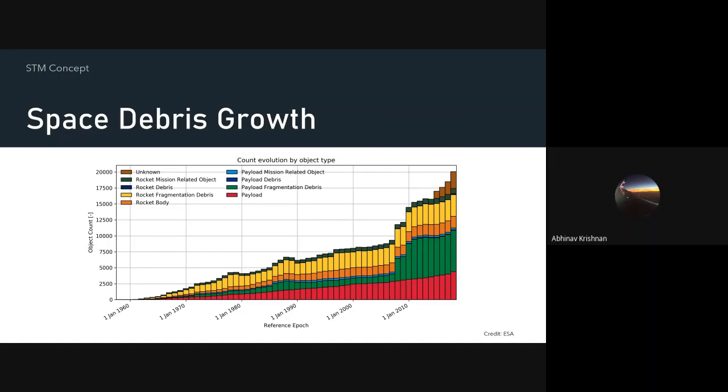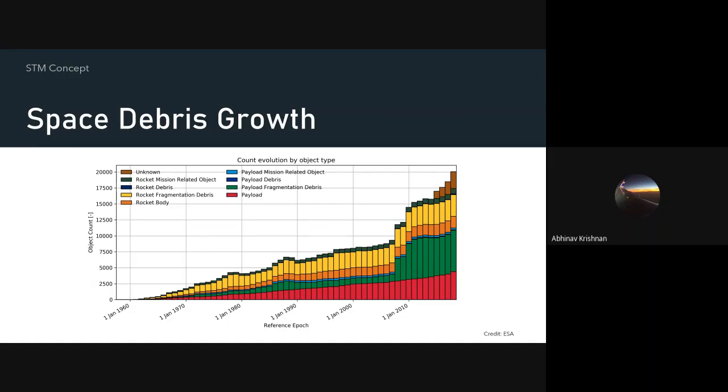So given our affinity to perform more anti-satellite tests, we would see that this graph is not going to stop at 20,000 particles. It's going to increase further, and these existing 20,000 particles are themselves causing more trouble than was originally thought of. And there is a reason at the moment why STM is picking up pace, mainly because most of these particles that you see here are the only ones that can be tracked.